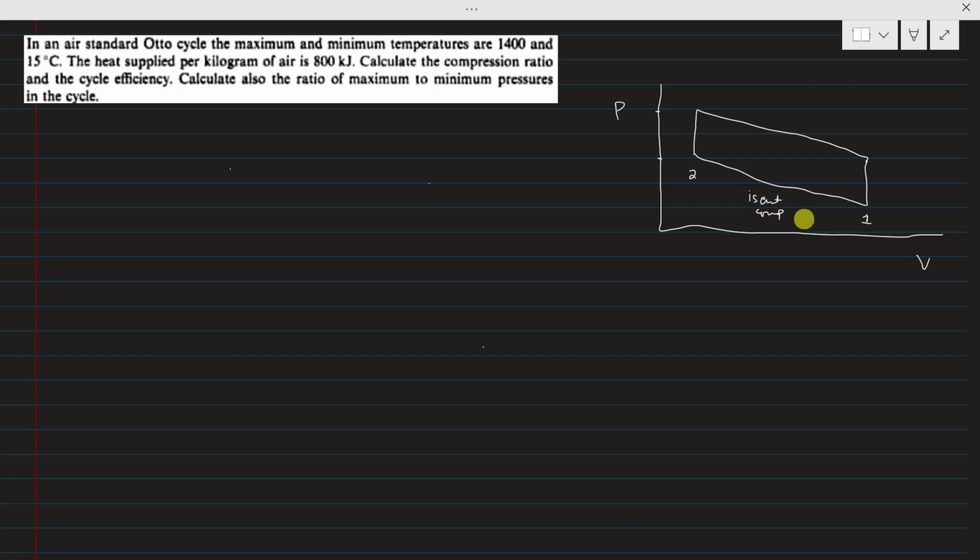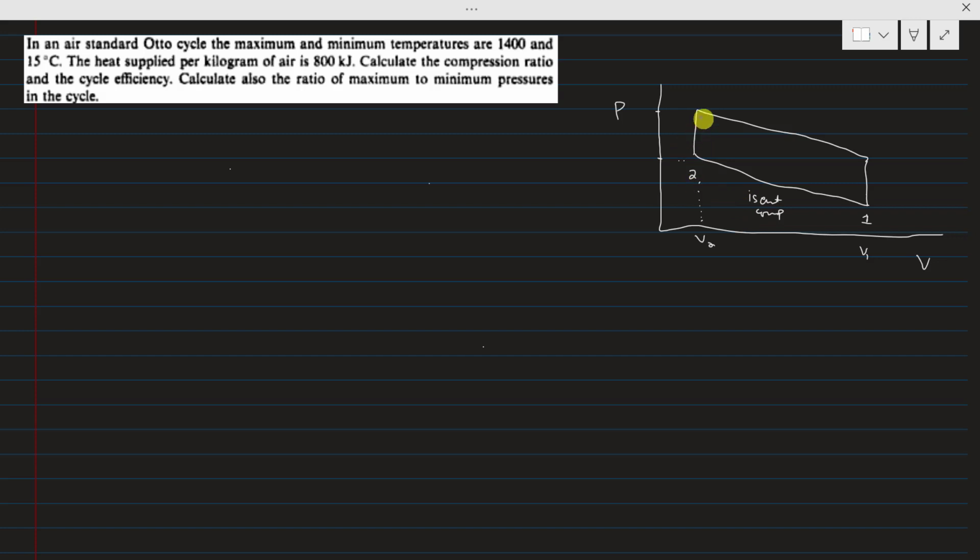Why? Because in compression the volume is gradually decreasing and the pressure is increasing. So the pressure P2 is higher than P1, and volume V1 is maximum, while V2 is less because compression has taken place.